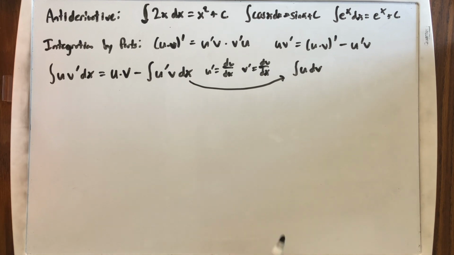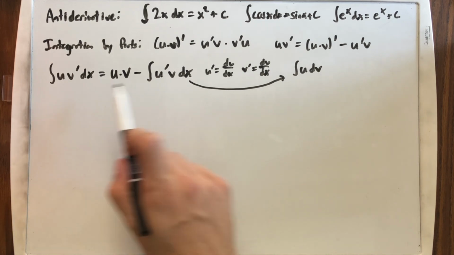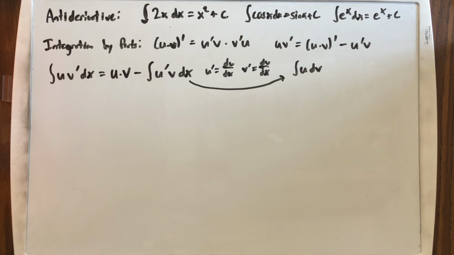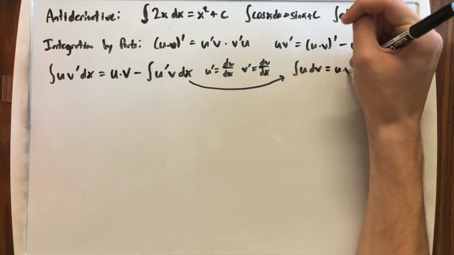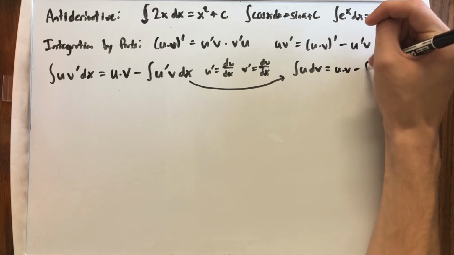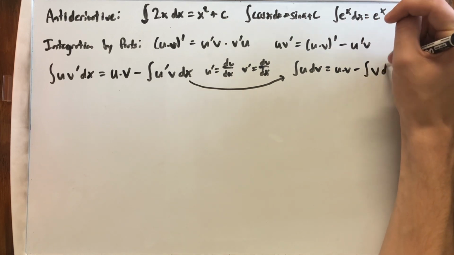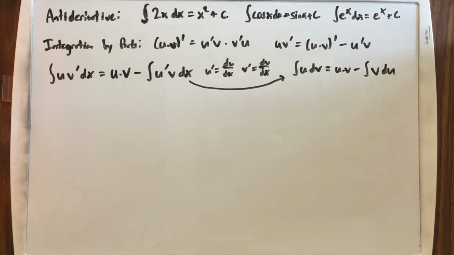There's a better way to understand it conceptually, but if we're just doing calculations, it actually works out. That would be equal to u times v minus the integral of v du.